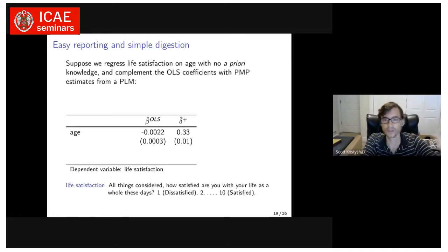This is another use for PMP: it can give you hints on the functional form, meaning we should add a squared term or a cubic term, or we should consider non-parametric regression. Another key thing is we're able to understand something very complex with just a few numbers. That's one of the reasons why we hope PMP might be used by people: it has those advantages of OLS, of being able to represent things with just a few numbers.